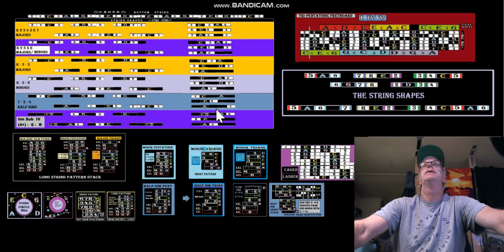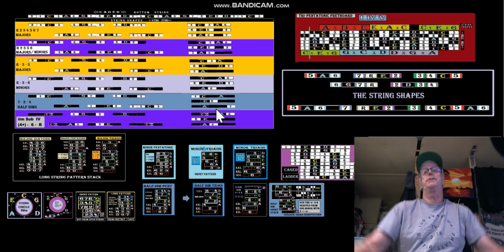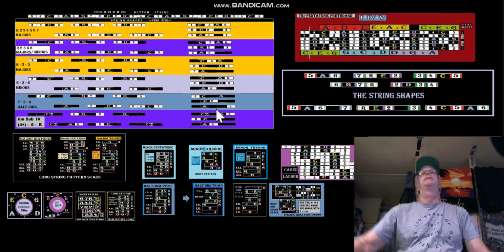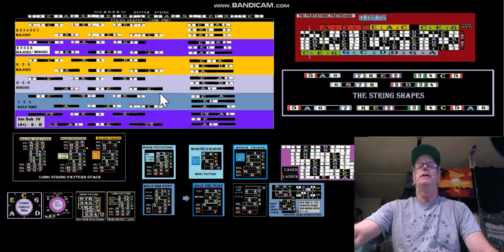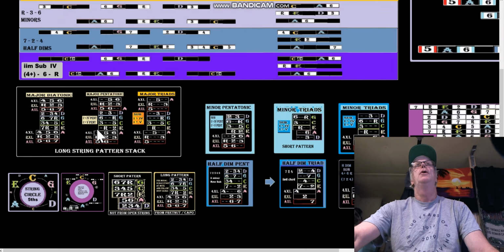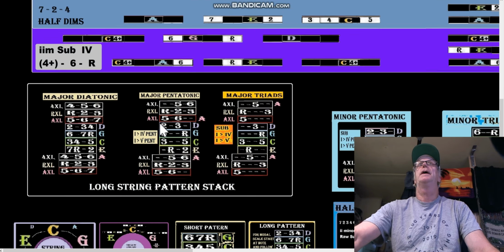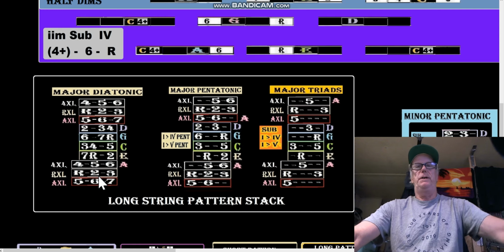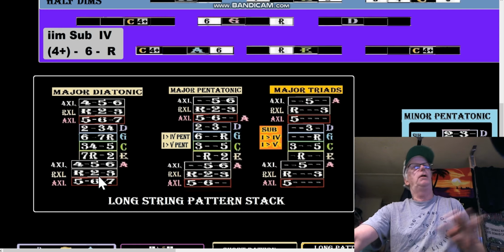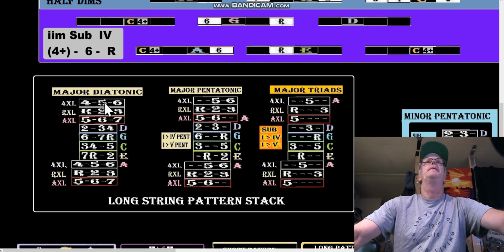I got an idea to try and represent the string shapes as the way they are, more or less horizontally, as opposed to vertically. But of course we have our vertical stacks. As a matter of fact, what had started the idea for this chart was an attempt to do all of the string shaped stacks.